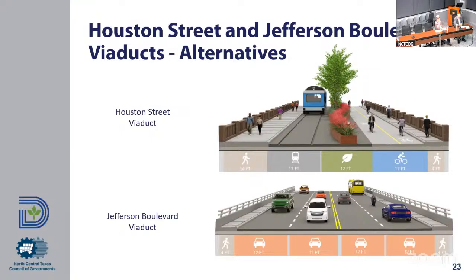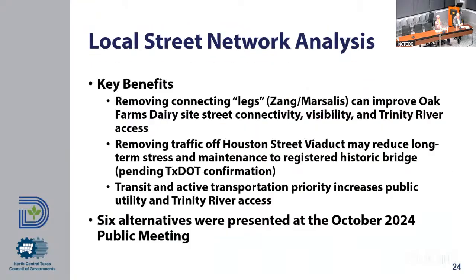And then we turn Jefferson Boulevard into a two-directional, four-lane thoroughfare street with a pedestrian facility on each side, similar to the recommendations that you saw last time. We think we need to remove some of that spaghetti, or in this case, legs going over to Zang and Marsalis. I'll have a better representation of that for you in a moment.